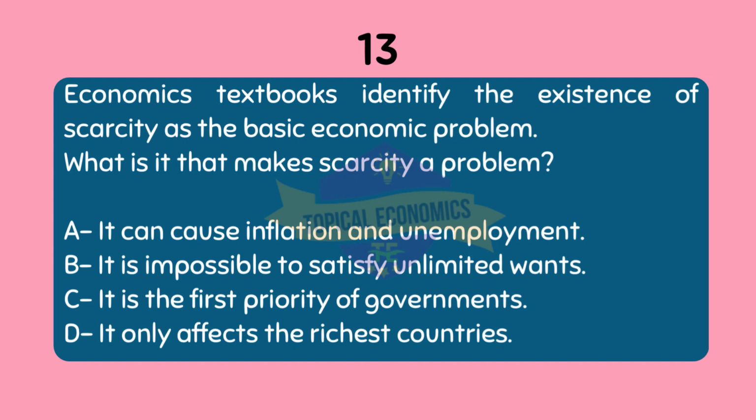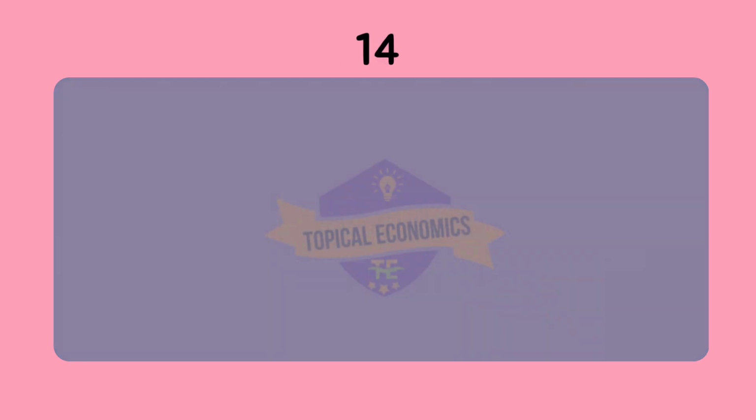Option C, it is the first priority of governments, may reflect a governmental focus, but does not explain the nature of scarcity itself. And Option D, it only affects the richest countries, is also incorrect. Scarcity is a universal issue that affects all countries, regardless of wealth. Moving to the 14th question.